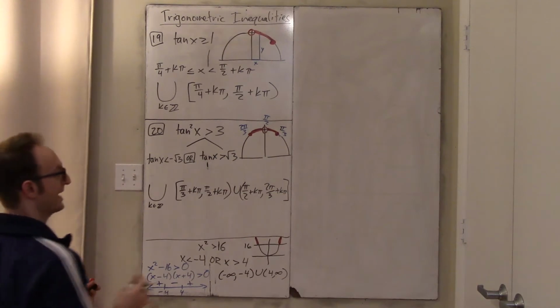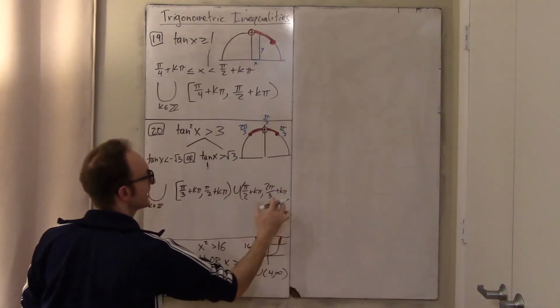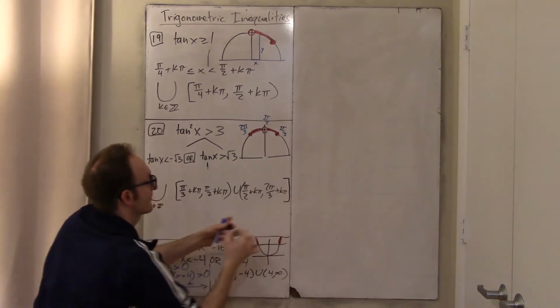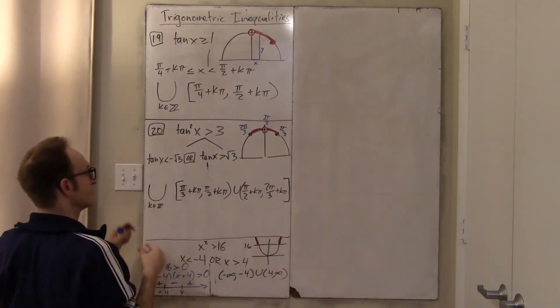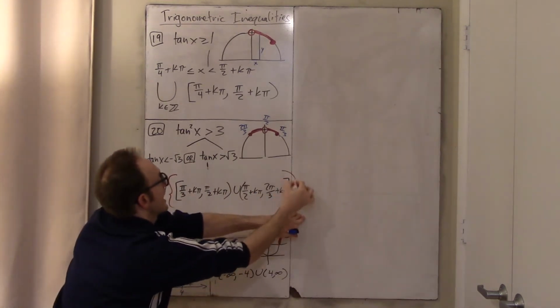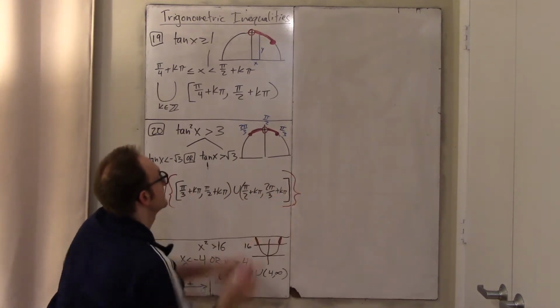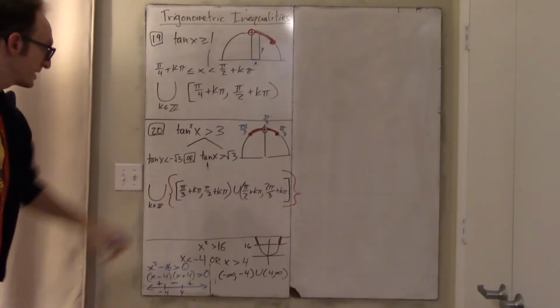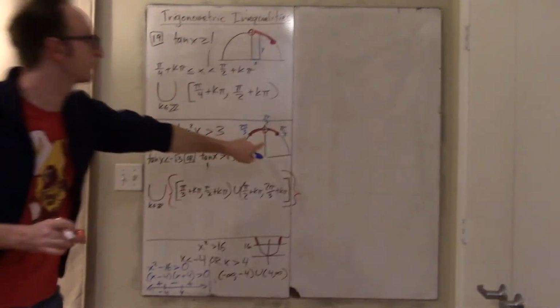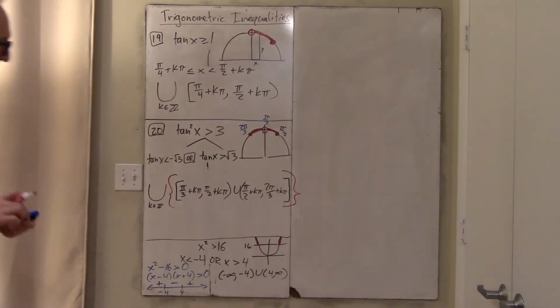Technically speaking, I should probably even have some extra grouping symbol around this whole thing to indicate that I'm taking the union of everything of this form. But really, this is the important part. It's all that stuff. That's the important math part of this.